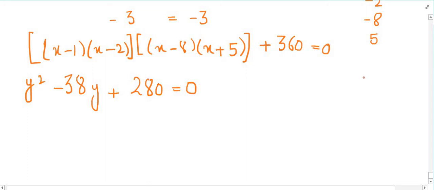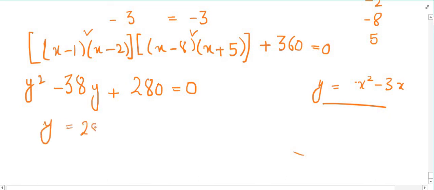The substitution you make is y = x² - 3x. Apply the formula, you will get y = 28 and 10.